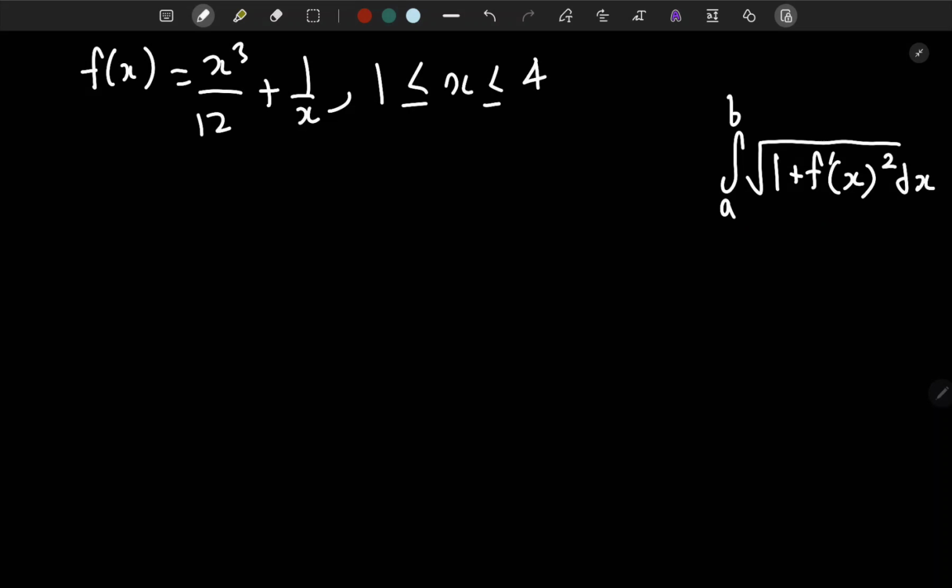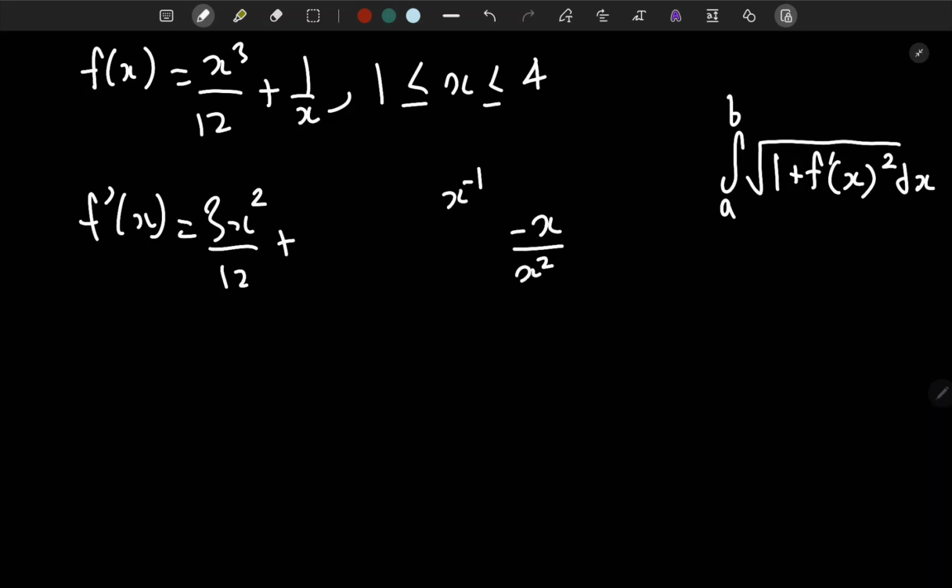So f prime of x is going to be equal to 3x squared over 12 plus, we can bring the power down, so it's going to be minus 1 times x to the power of minus 2, so it will be x squared in the denominator.